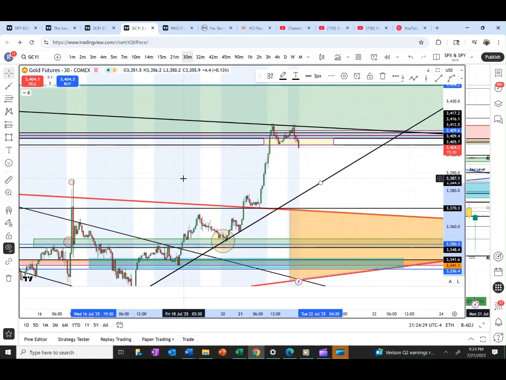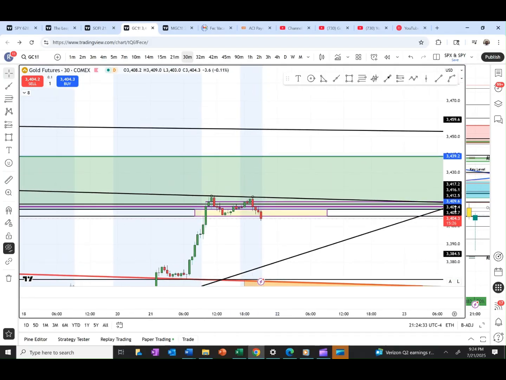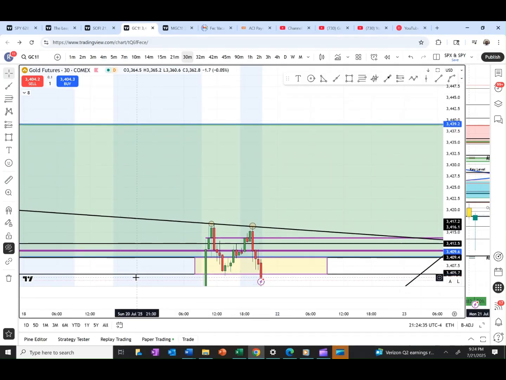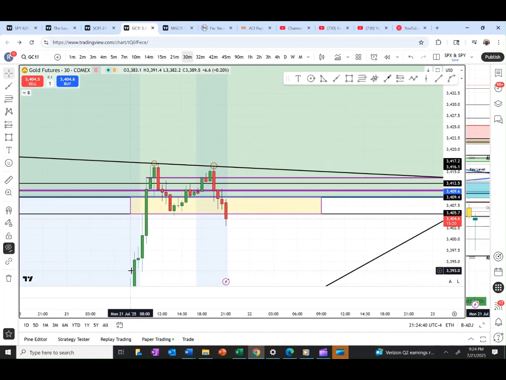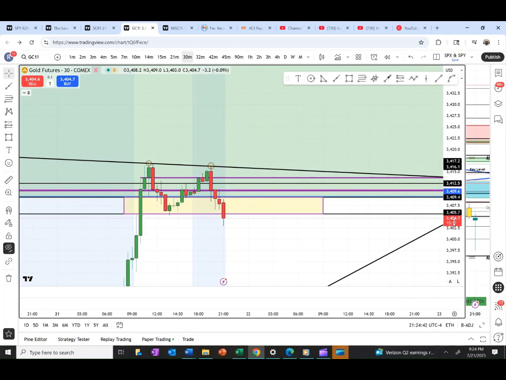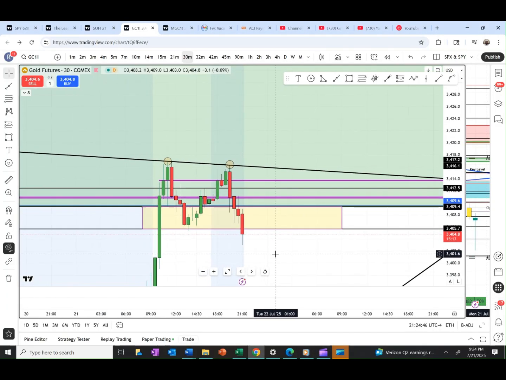So this is what I'm gonna do here. I think I'm gonna get ready to take an entry, but I don't feel like we want to fully go just yet. I don't want to be greedy and just jump into anything I see. I would love to see this get rebalanced.